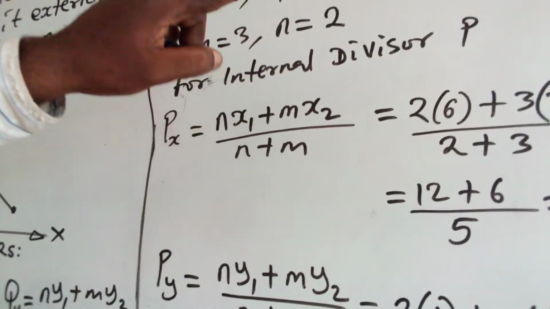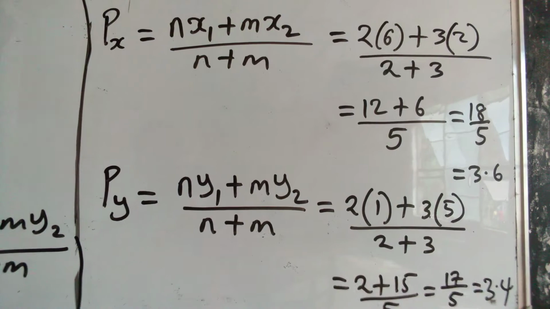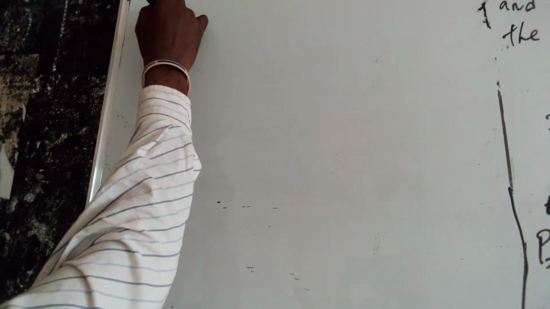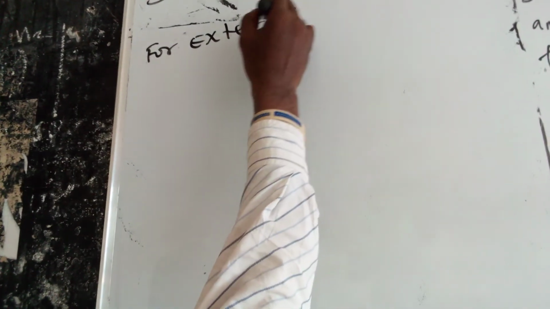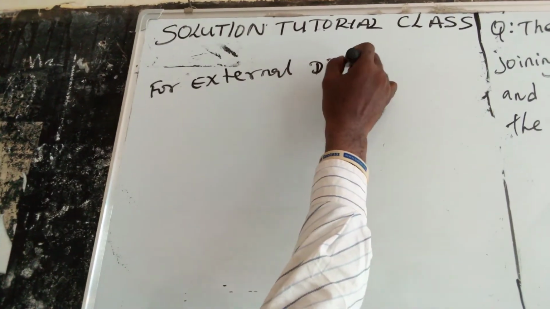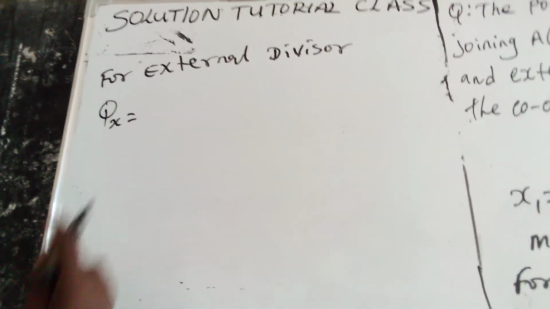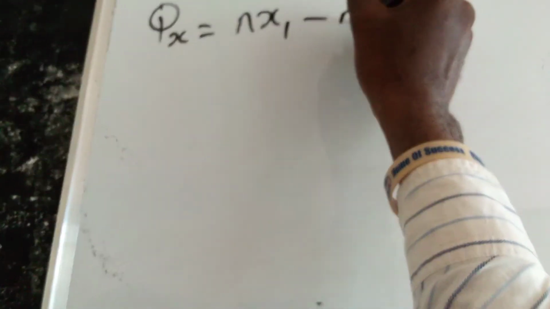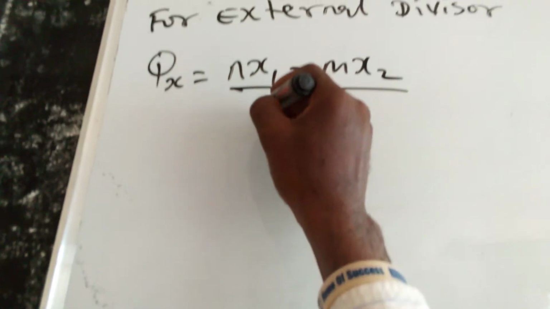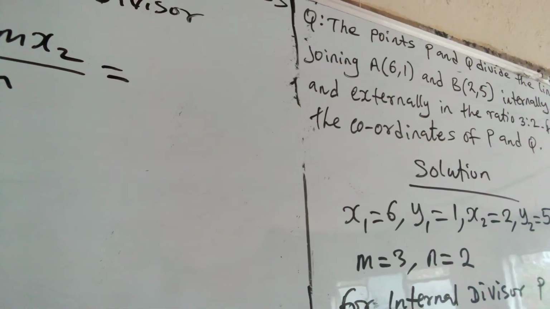That is the internal division. So for you to get your external division, like in this case our external is Q now, so external is minus. You're going to have n x1 minus m x2 over n minus m. What is our n?